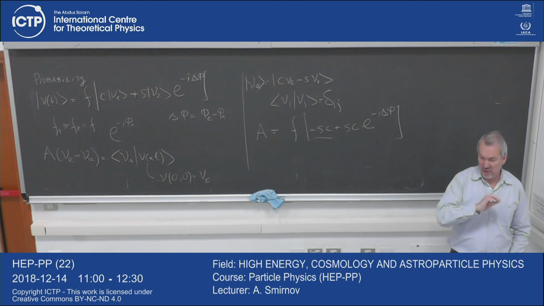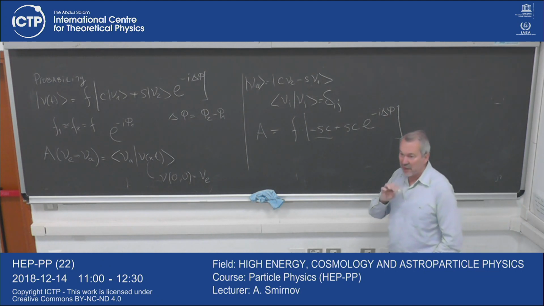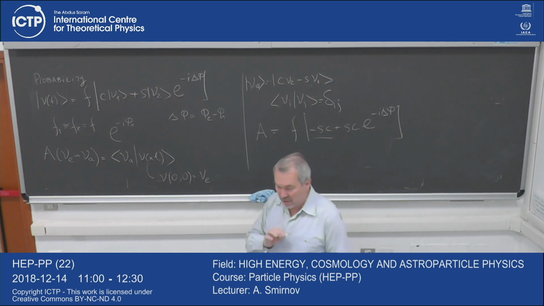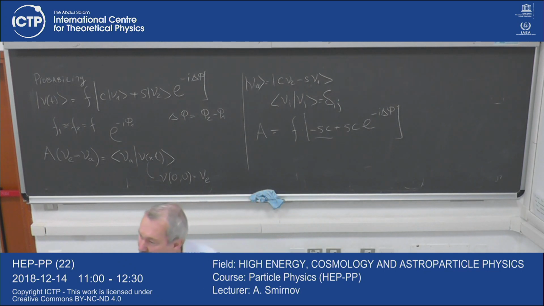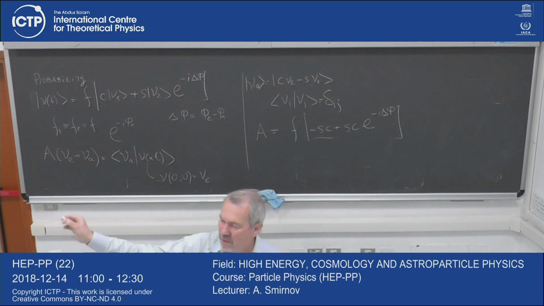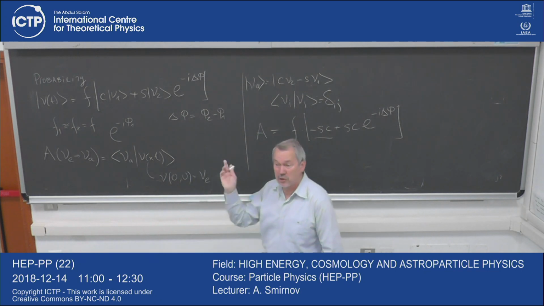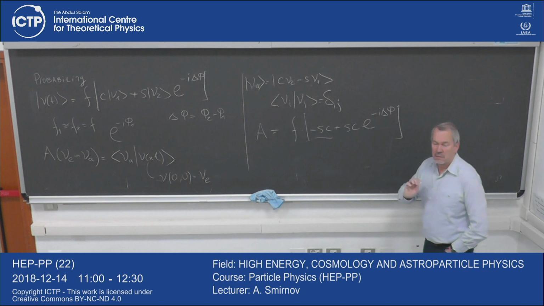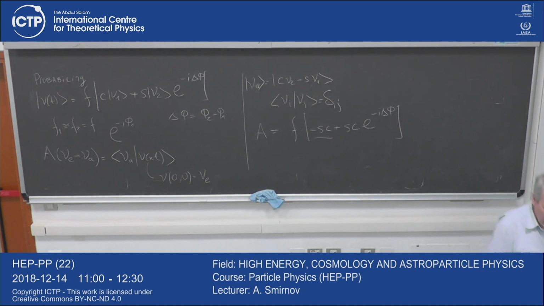So especially for propagation in vacuum, it's better to do this in terms of mass states, because we know how they propagate. Nothing happens here. So nu 1 is propagating, nu 2 is propagating. The only thing that happens is the appearance of the phase. And of course the shape factor can change, but we are neglecting that for the time being. Okay?